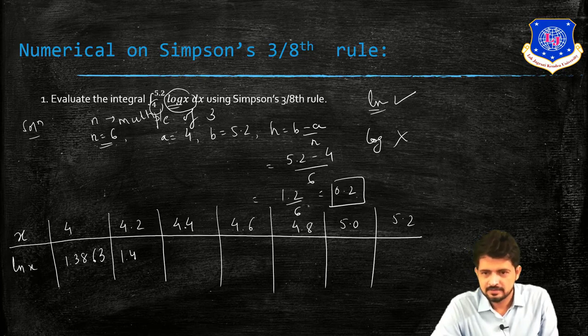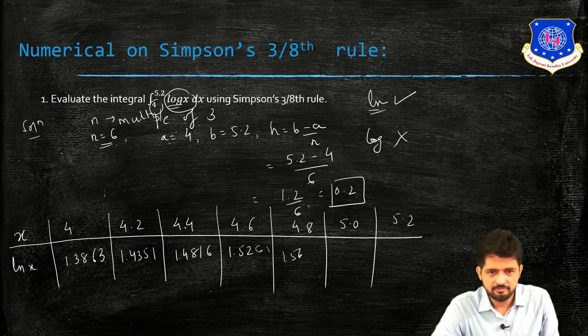Then 1.4351, 1.4816, 1.5261, 1.5686, 1.6094, and 1.6487.